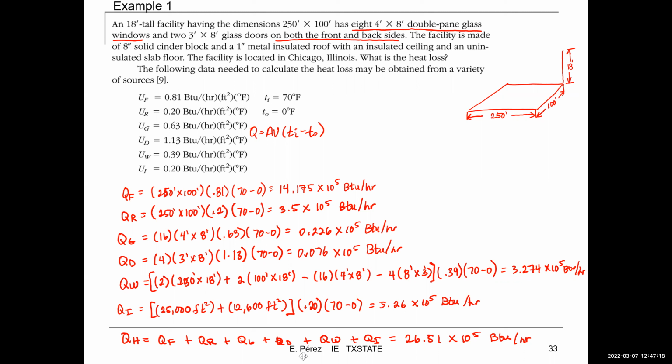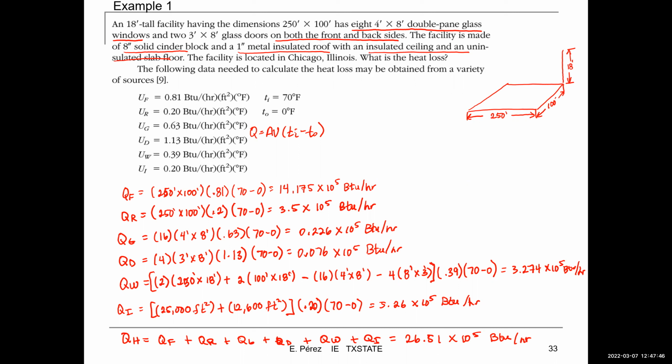The facility was made of 8 inch solid cylinder block and a 1 inch metal insulated roof with insulated ceiling and insulated slab floor. So all that information was provided in the problem, but we didn't really need it because I was giving you that information for the coefficients.